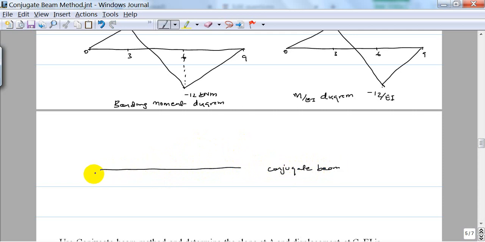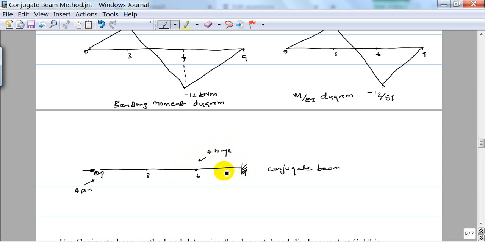So here 0, 3, 6, 9. So at 0 it's a pin, so there are two reactions. Okay, it's a pin, and here it's a hinge, and here it's a fixed support.